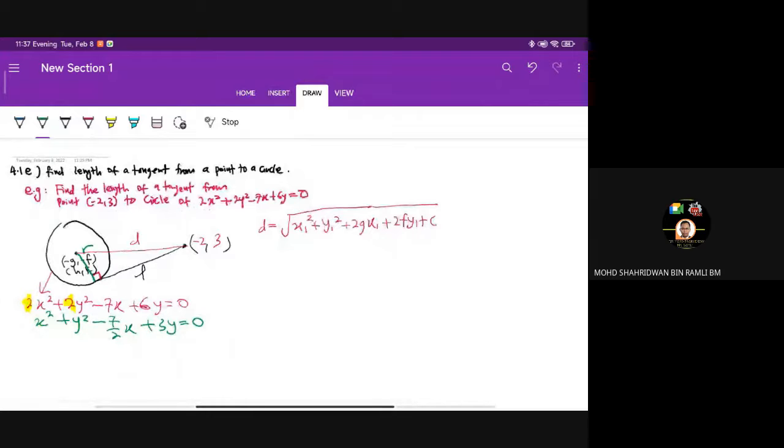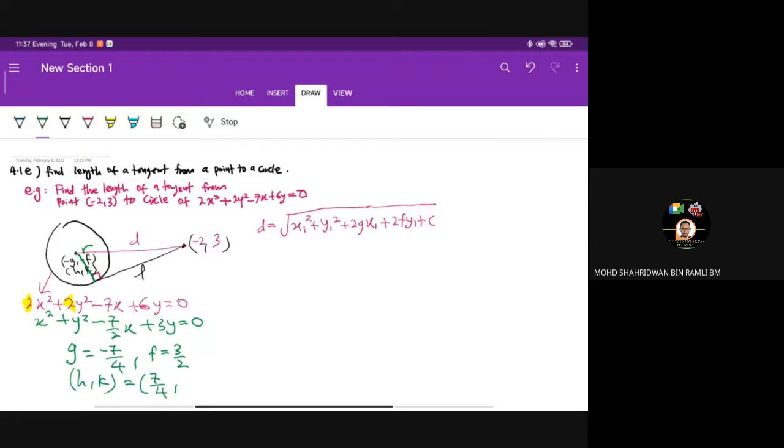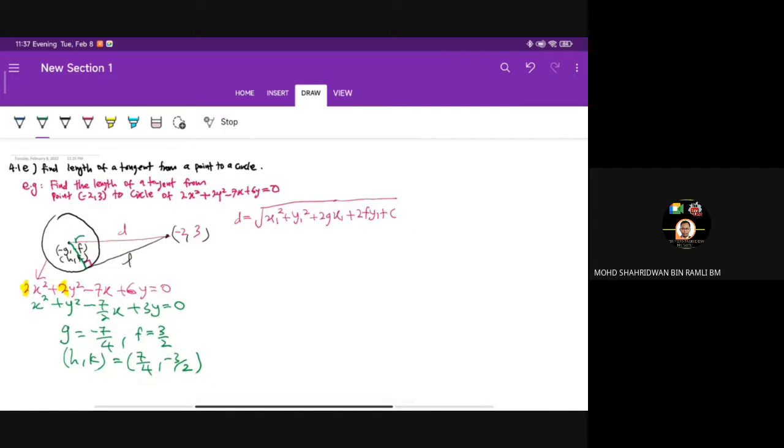By comparing with the general equation, your g is negative 7 over 4, and your f is 3 over 2. Or your (h, k) is (7 over 4, negative 3 over 2). Let's use this formula.